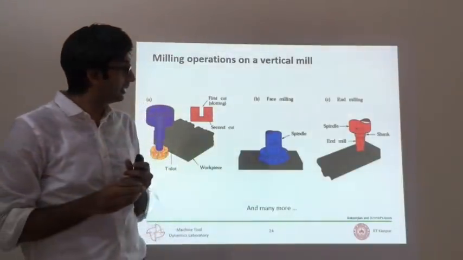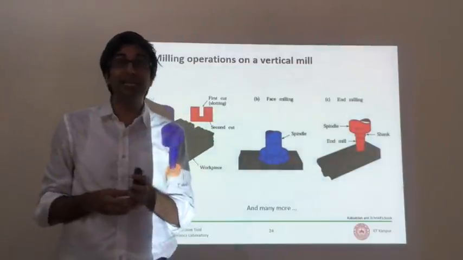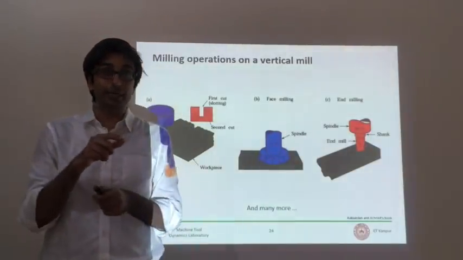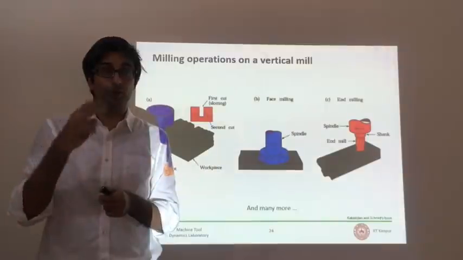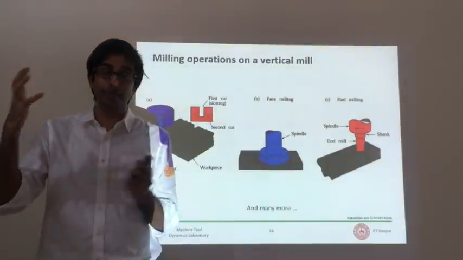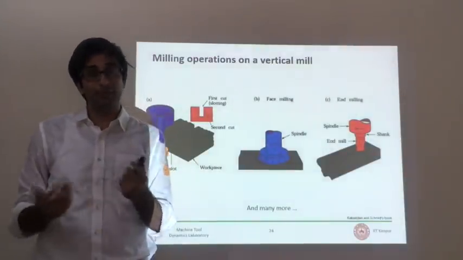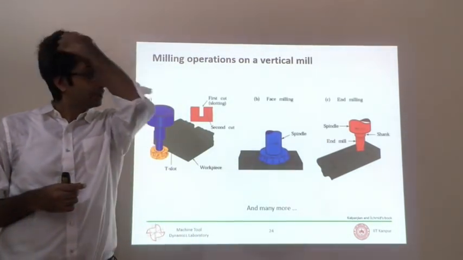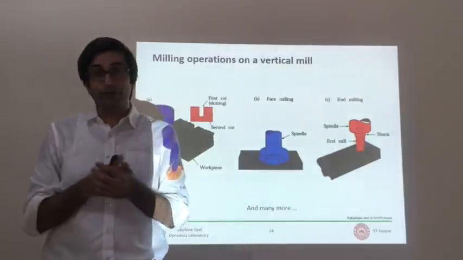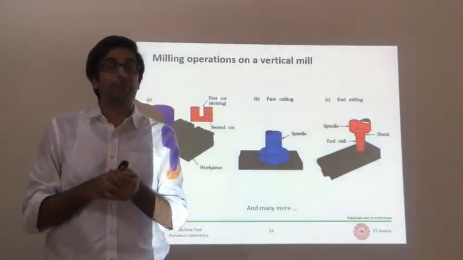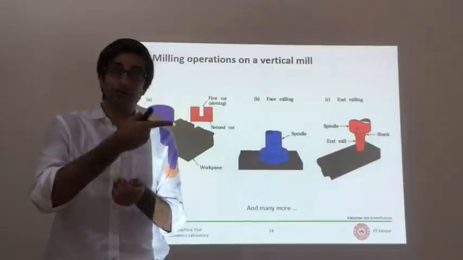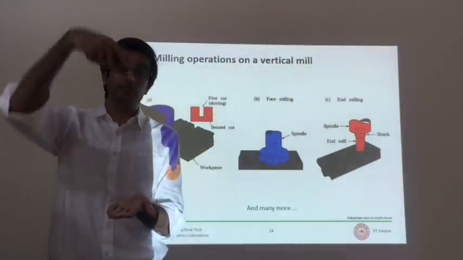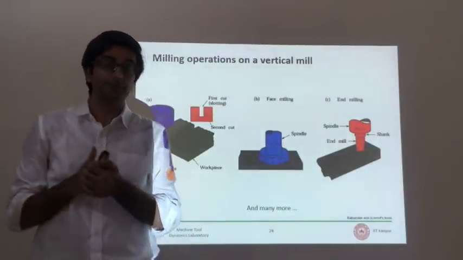And then I briefly spoke about milling, which is multi-point cutting like drilling. Drilling is 2 points typically, milling is multi-point, can be 2, 10, 20, depends on the cutter geometry and your desired application. And in milling there can be two configurations, horizontal or vertical. Horizontal is when the spindle is horizontal and parallel to the ground, and vertical is when it is perpendicular to the ground.